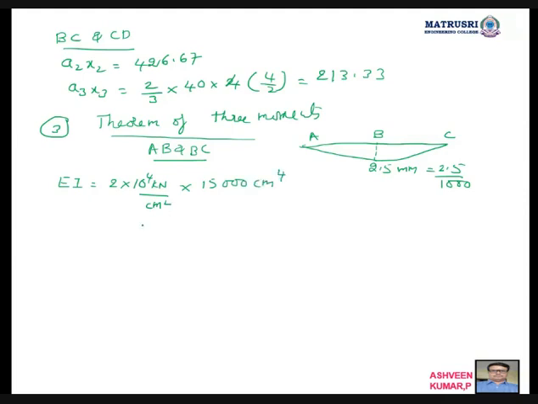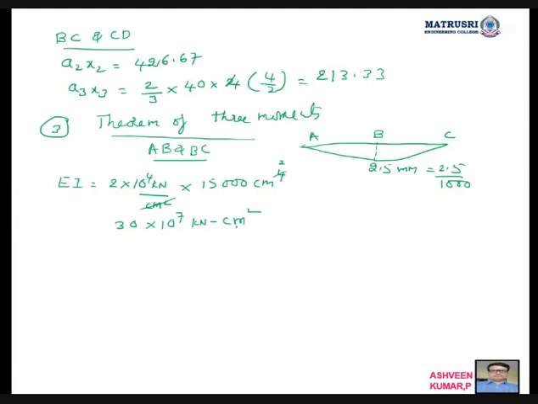If I do the calculation here, 2 into 15 is 30, and 10 to the power of 4 plus 3 gives 10 to the power of 7 kilonewton centimeter square.